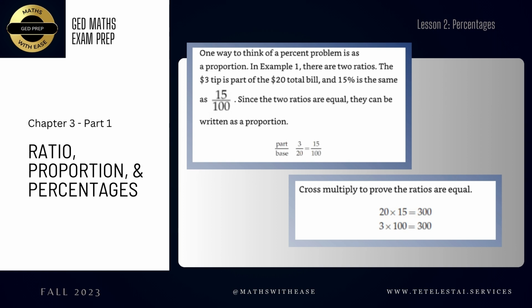So this percentage on the right-hand side should match the proportion reflected by the tip that you're giving out. So you're giving out just $3 out of that $20 base, and this 15% represents the rate, right?